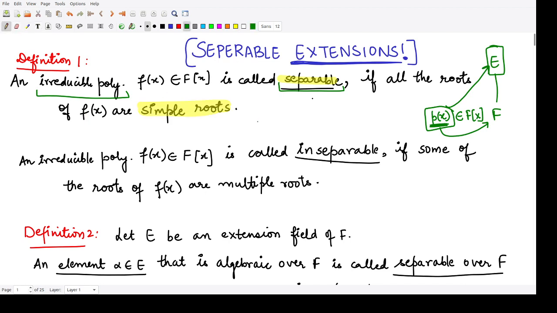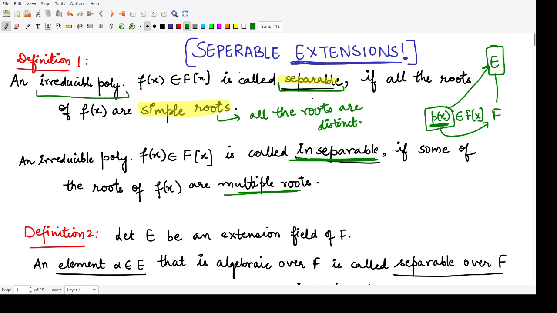That means they occur only once in that polynomial. So simple roots means all the roots are distinct. We call an irreducible polynomial inseparable whenever it has multiple roots. That is obvious from this definition.